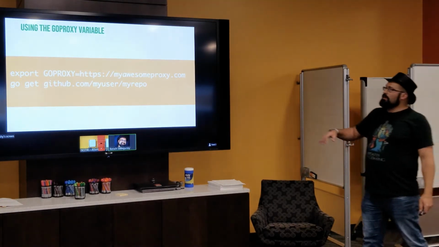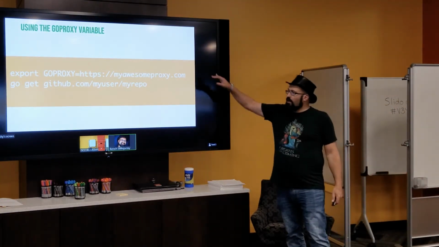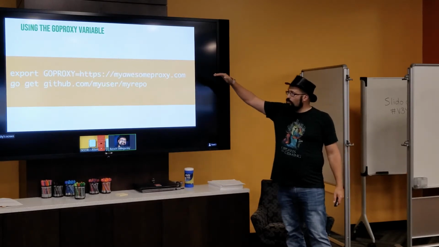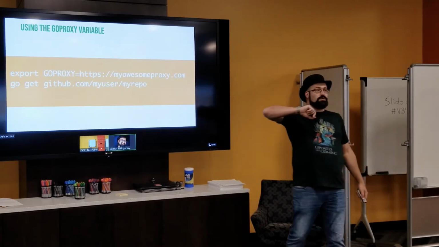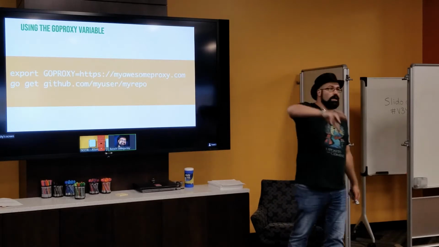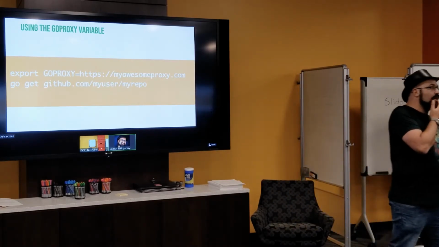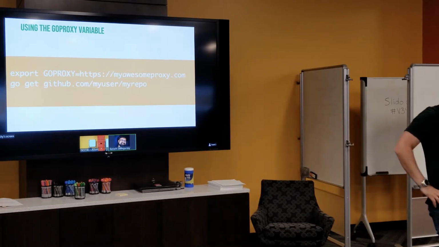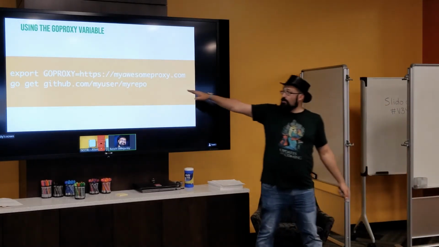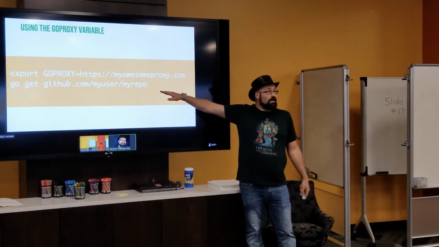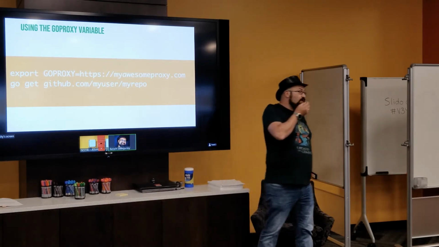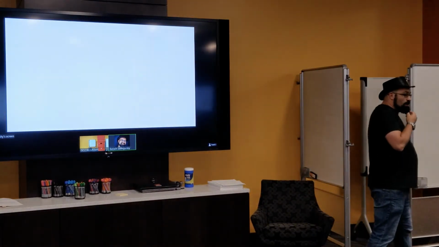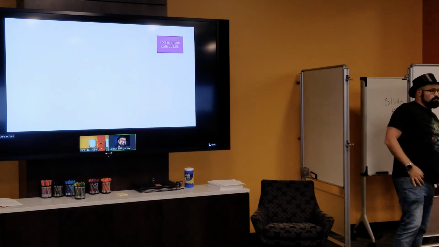The way you do it is you use the environment variable called GOPROXY. You point it to your repository, and then when you run go get, go build, go mod tidy, whatever you run, all the dependencies will be resolved from, not directly now from github.com like we saw in the previous diagram, but it will first check the proxy.